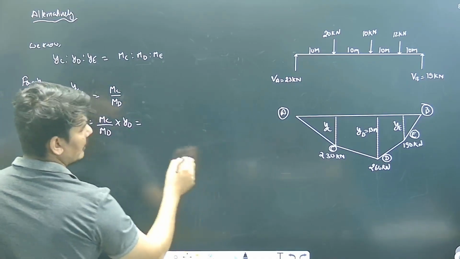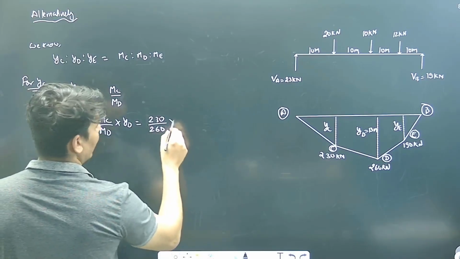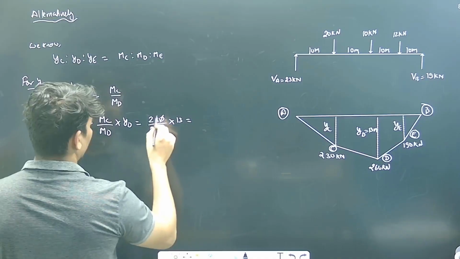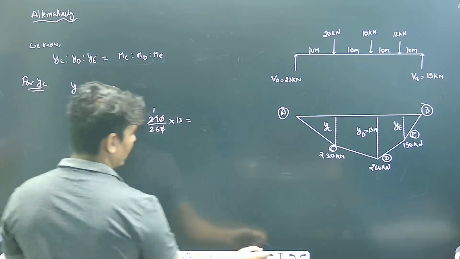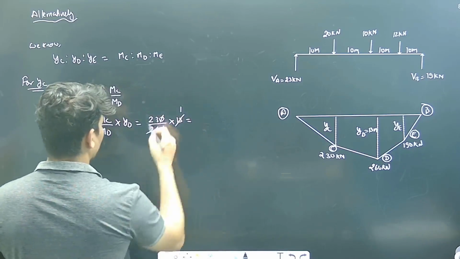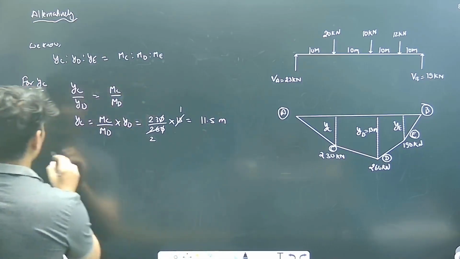That is, MC is 230, MD is 260, YD is given as 13. Zero cancels zero, 13 and 26 cancel, 13 twos are 26, half of 23 is 11.5. So we get 11.5 meter.